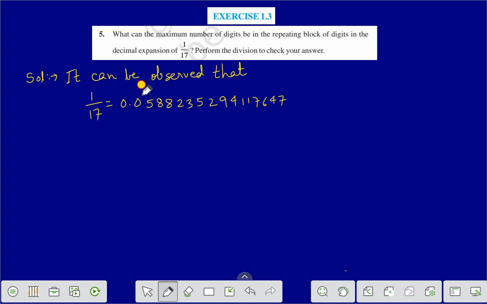repeating digits of this 1 by 17. That means we are getting 1 2 3 4 5 6 7 8 9 10 11 12 13 14 15 16 digits, right?